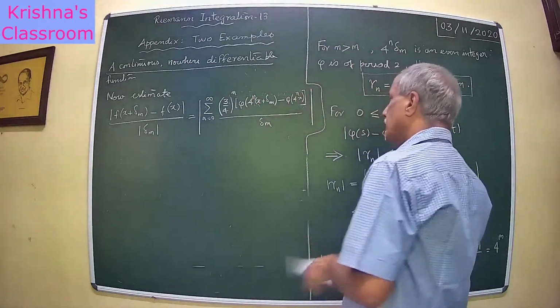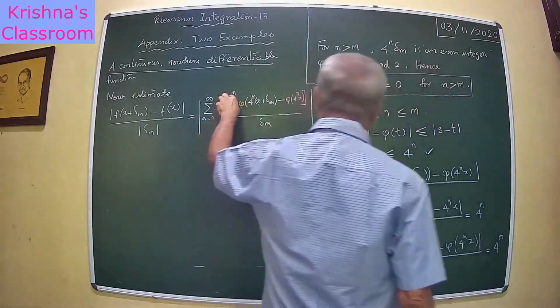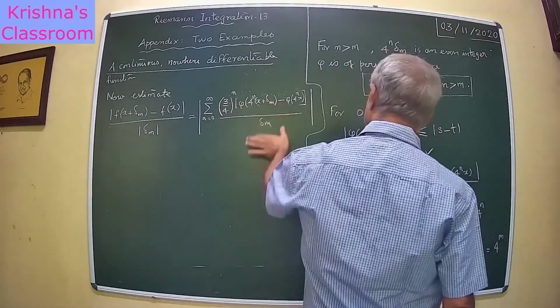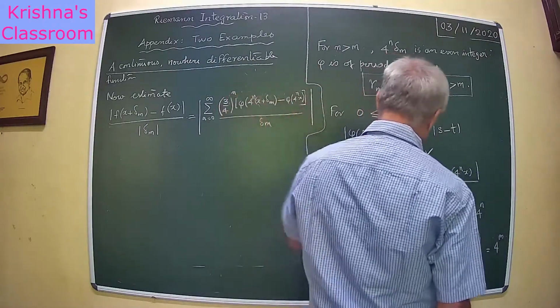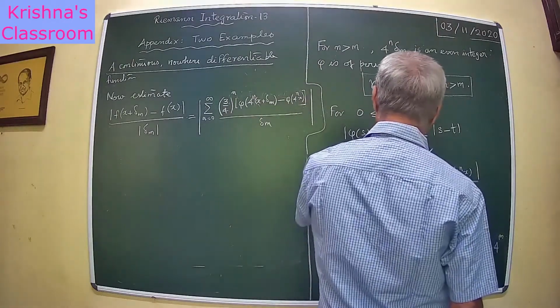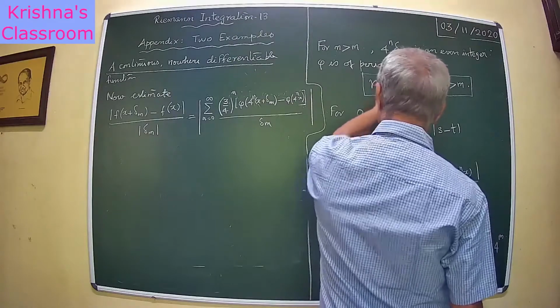Now here again, you see that when n is greater than m, this ratio becomes 0. That is gamma n. Gamma n for n greater than m is 0.